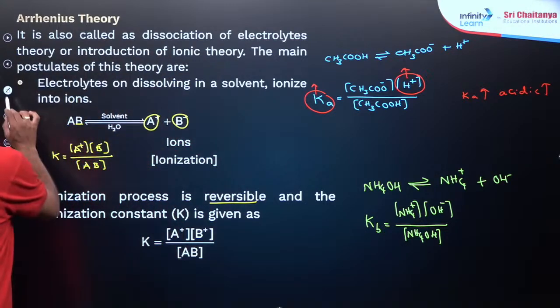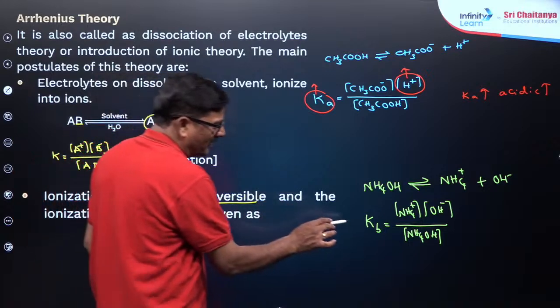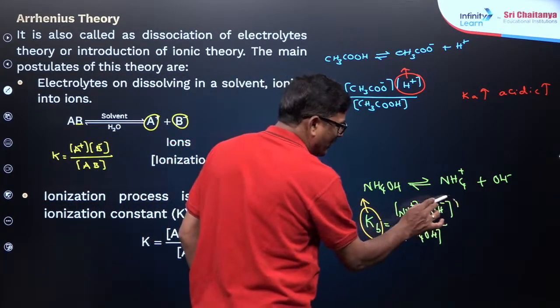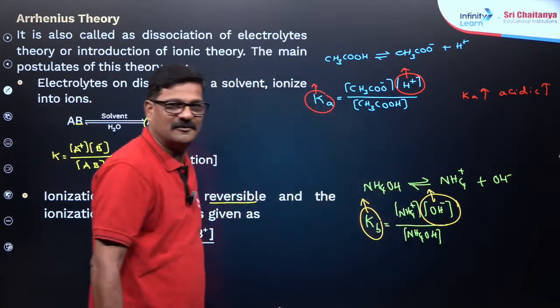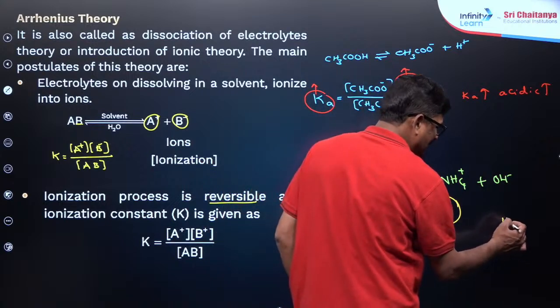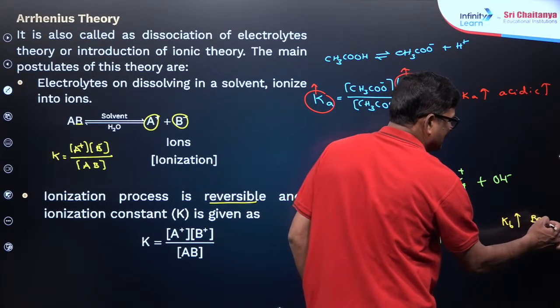And you can see here if the Kb value increases, OH minus also increases. Are you getting or not? Clear? And I want to say as Kb value increases, the basic strength increases.